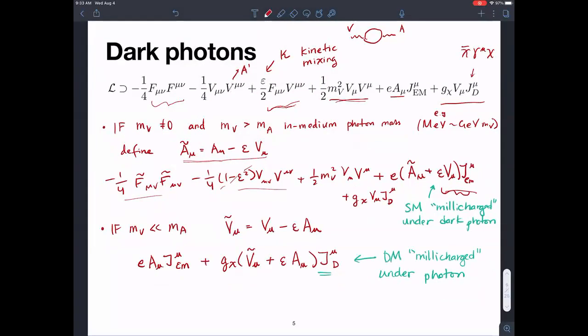All right, and so in this second limit where the dark matter is millicharged, the charge of this dark matter is this combination of couplings, of this dark sector coupling epsilon relative to electromagnetic charge.